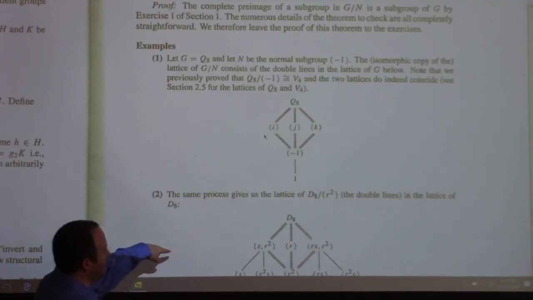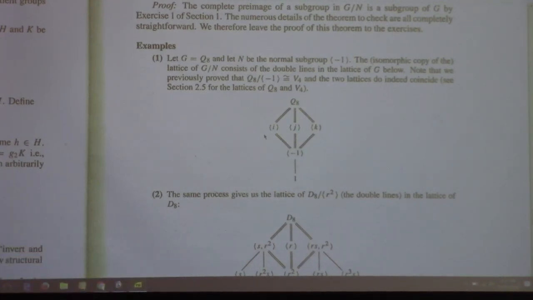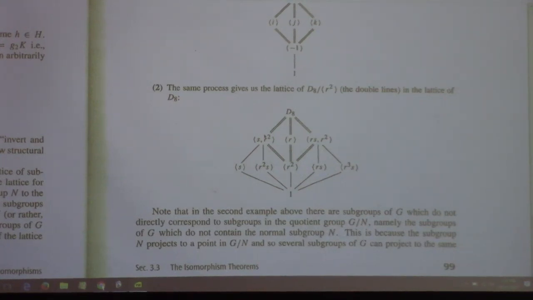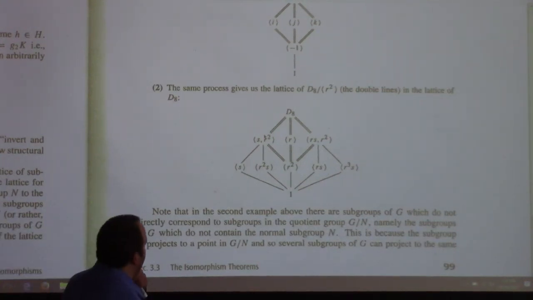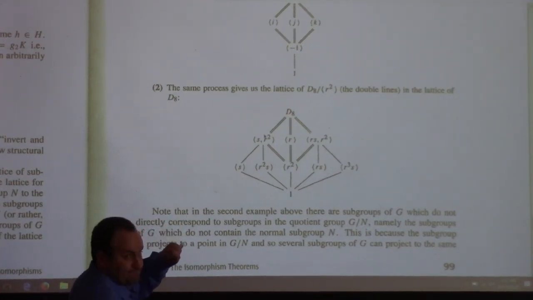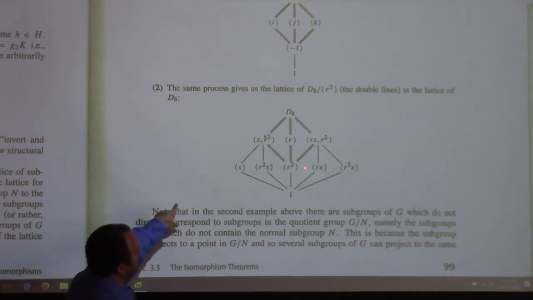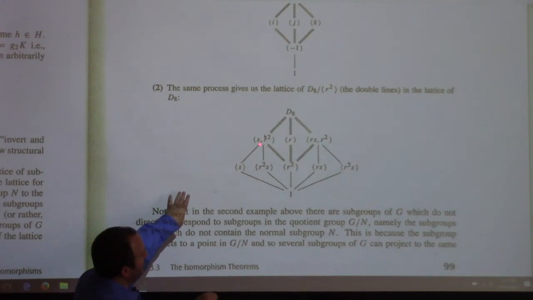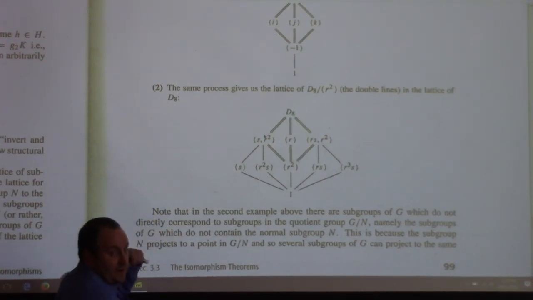Or here, this D8 is the octic group, I guess. I'd have to remind myself what it is in Dummit and Foote, but his D8 might be our D4. Anyway, this is a normal subgroup, and the correspondence theorem says that you take the whole lattice for D8 and just look at this piece, and that's the lattice for the quotient of D8 by R squared.